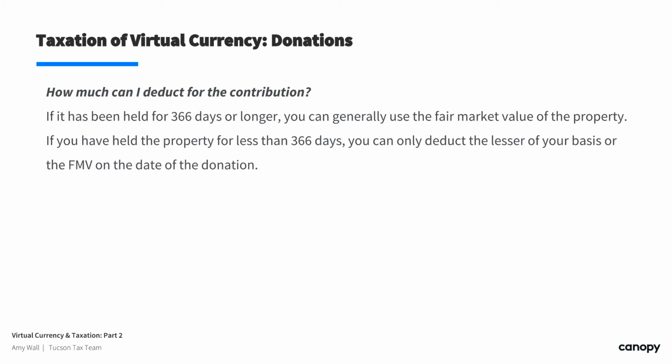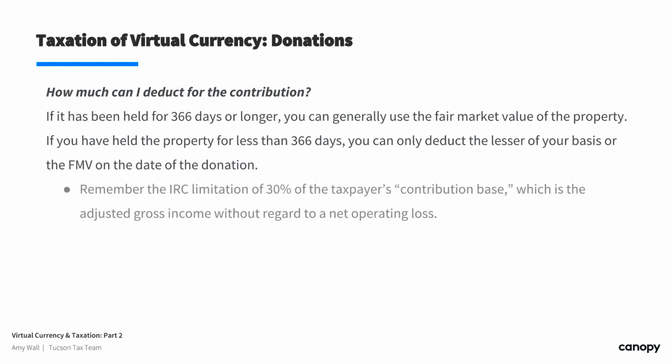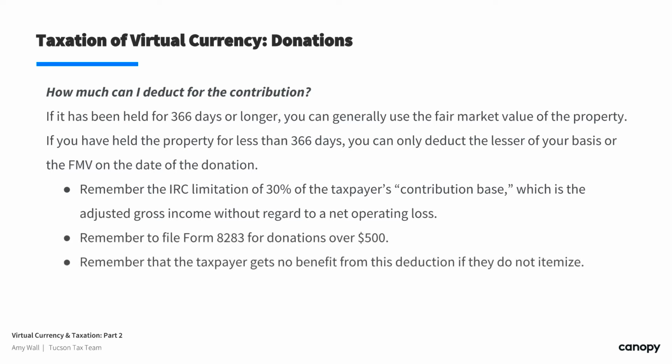Just a few things to remember, and this is just basic tax stuff: there's a limitation of 30%. This is not a 50% donation, this is a 30% donation. And remember to file Form 8283, right? And of course, the taxpayer gets no benefit if they don't itemize, something that we continually have to remind people of.